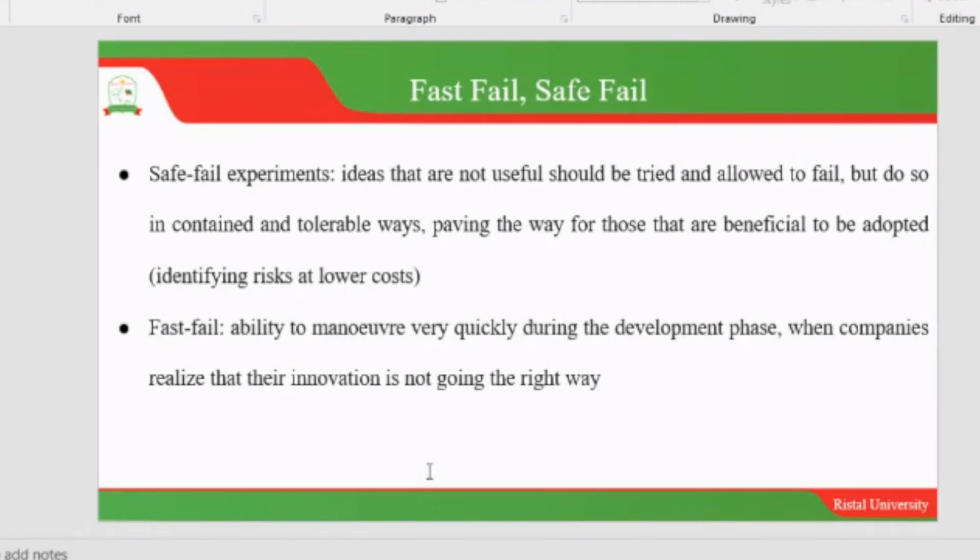Do not dwell on one if it doesn't work. Okay, so you should be able to maneuver very quickly during this development phase, so that you can see what works and what doesn't work, and you can put in place a scalable product, or a product at a greater scale for the entire population that you targeted in the first instance.